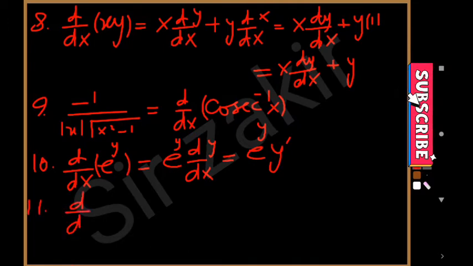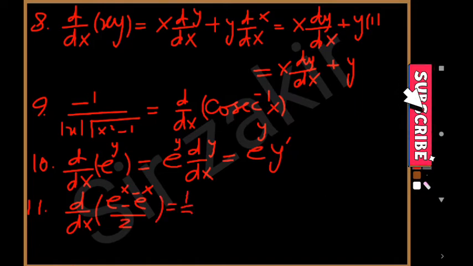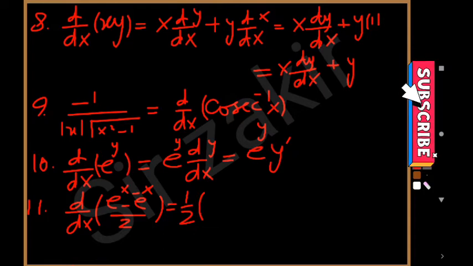d by dx of e power x minus e power minus x, divided by 2. How is it differentiated? 1 by 2 outside. D by dx is applied on e power x minus d by dx applied on e power minus x.